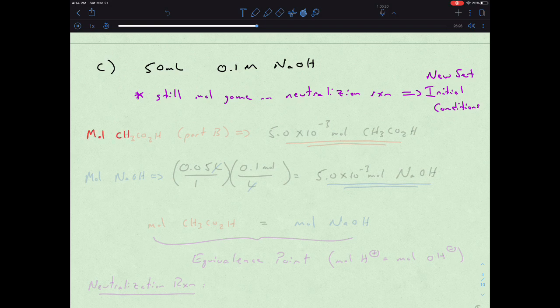So our moles of acetic acid, we determined that in part B, right? And that's not going to change. Initially, we began with 5.0 times 10 to the negative third moles of our acetic acid. Now, we need to find the moles of the sodium hydroxide. That's the strong titrant. Remember, that's really constantly changing. And so now we've added 50 milliliters of that 0.1 molar solution.